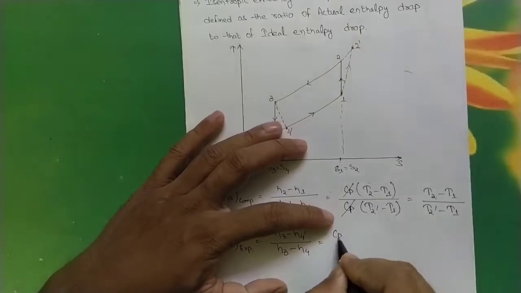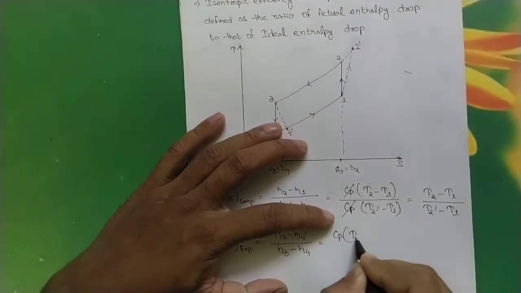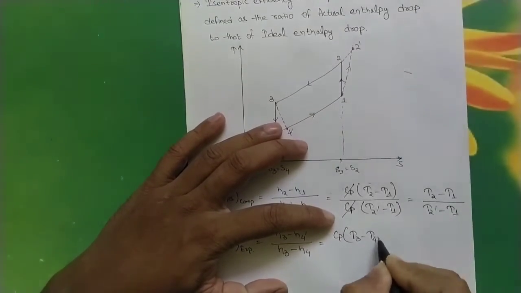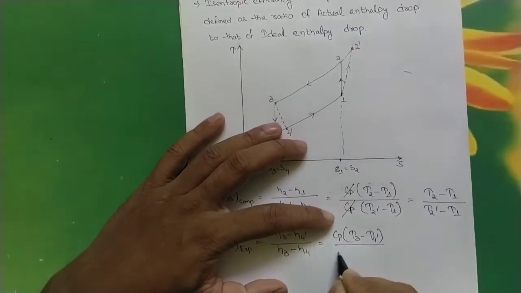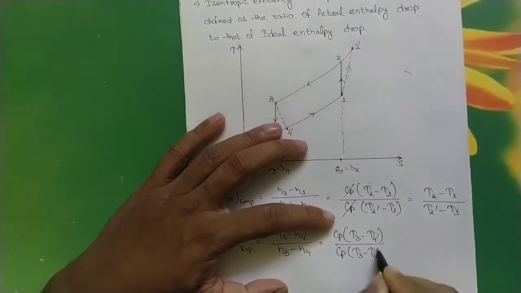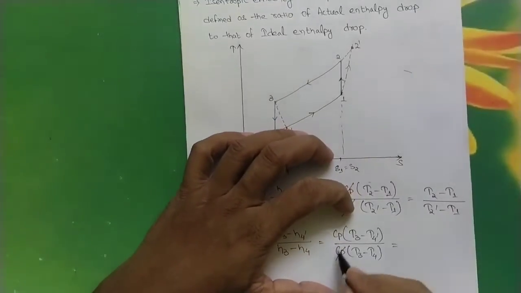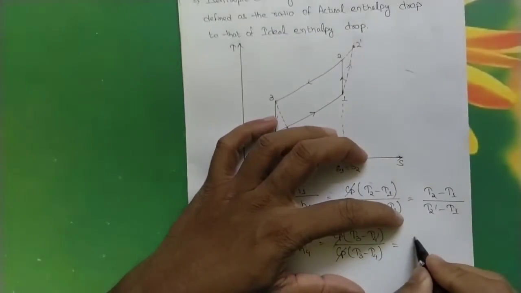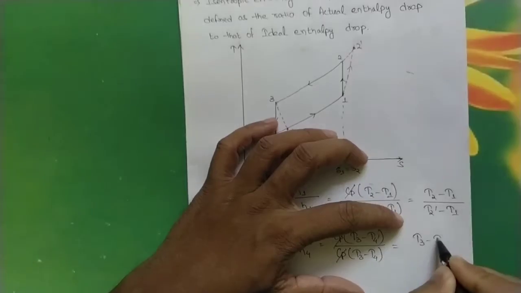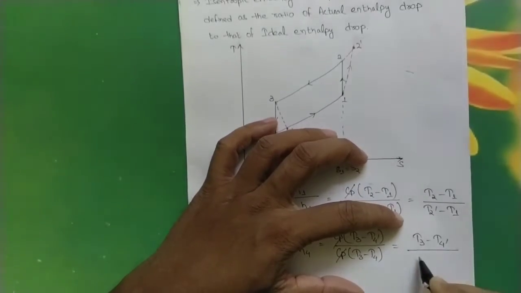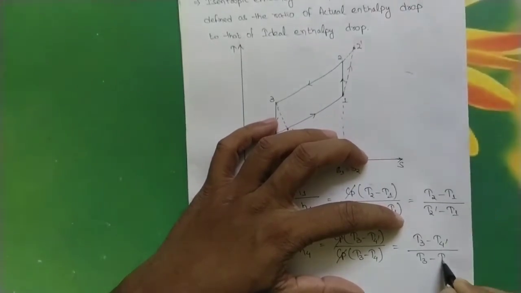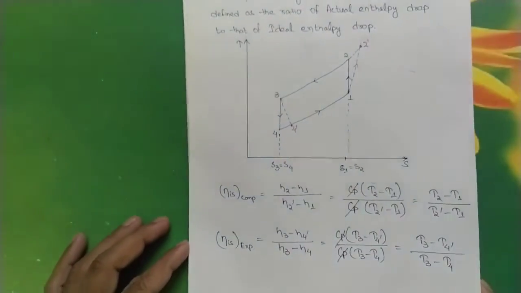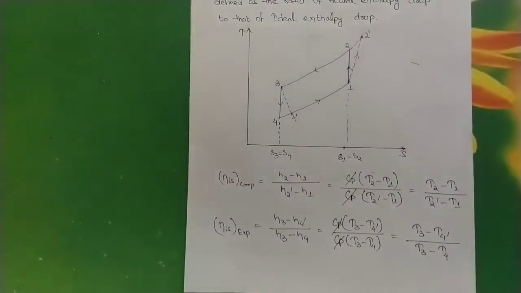Cp taking common, it will be Cp into T3 minus T4 dash divided by Cp into T3 minus T4. Cp gets cancelled, it will be T3 minus T4 dash divided by T3 minus T4. These are the two formulas for isentropic efficiency of compressor and isentropic efficiency of expander.